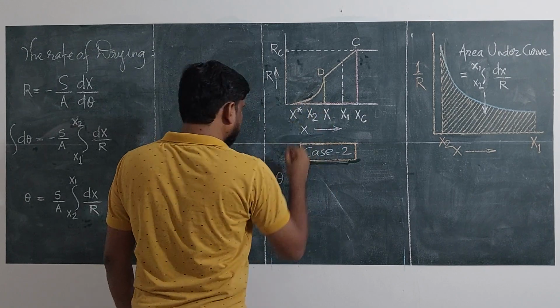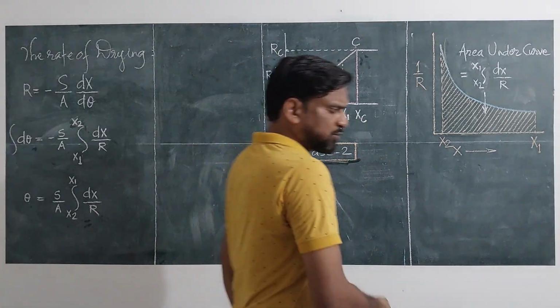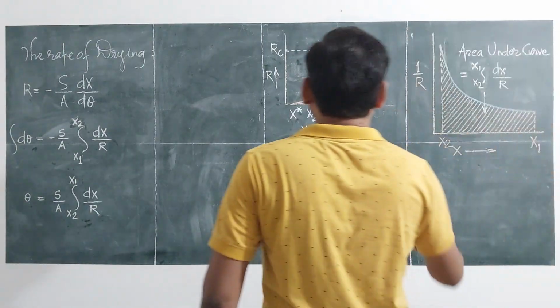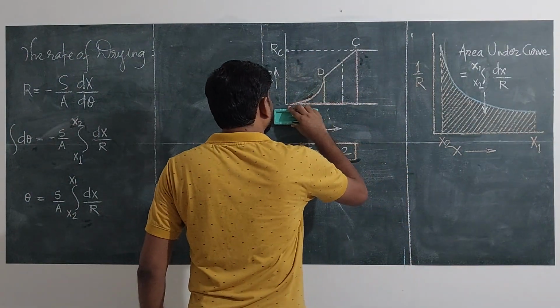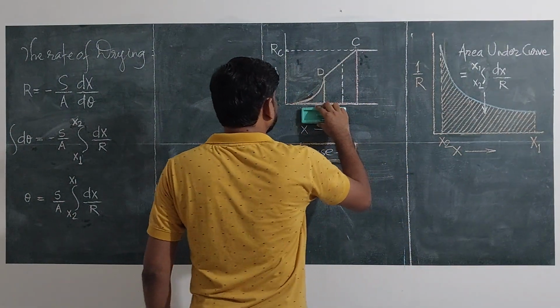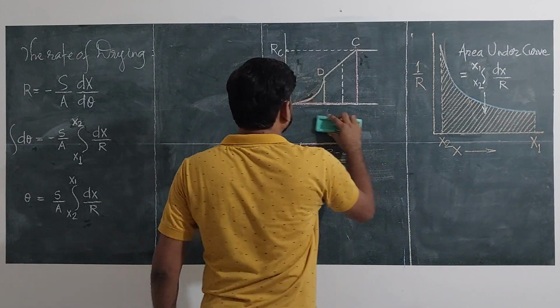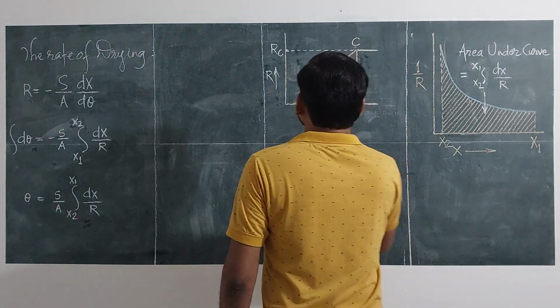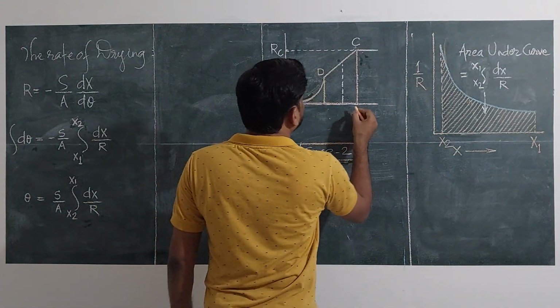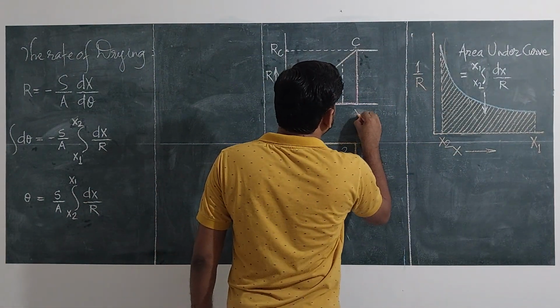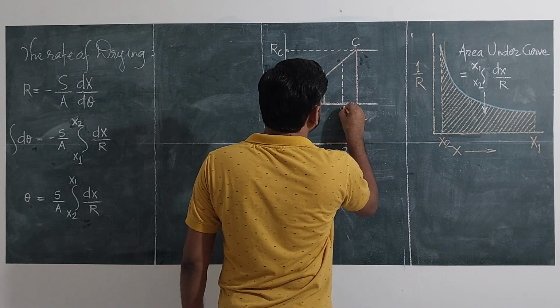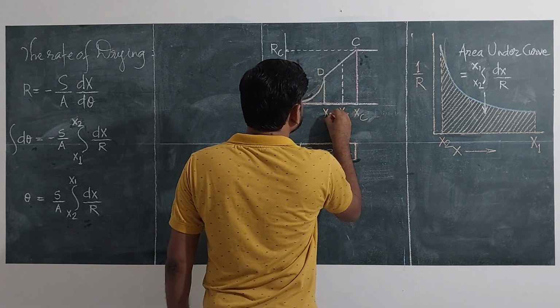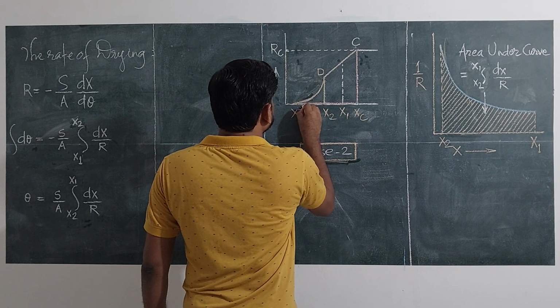Theta for such a case is now, this all will go. Maybe this is xc, this is x1, this is x2, and this is x star.